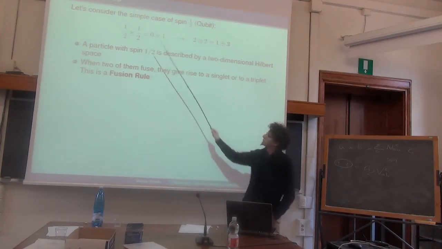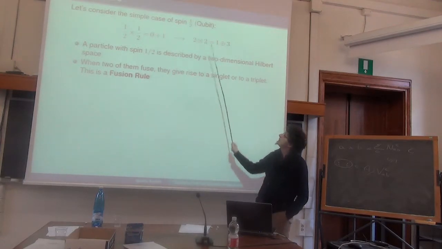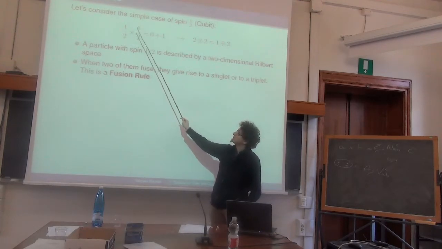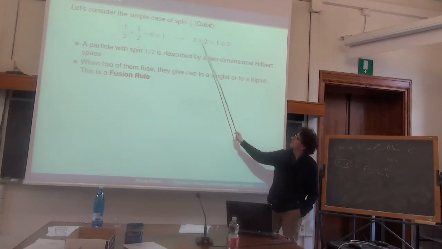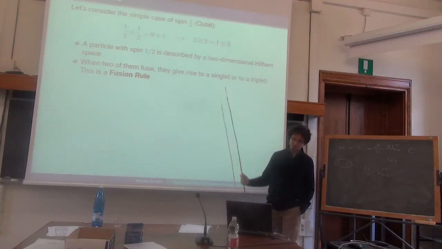However, if you consider the Hilbert space which describes this fusion of two spin 1/2, you start from two states to describe this spin, two states to describe that spin, and you obtain that these 4 states overall are distributed in a singlet and 3 states in a triplet.